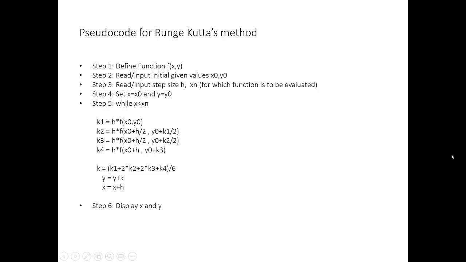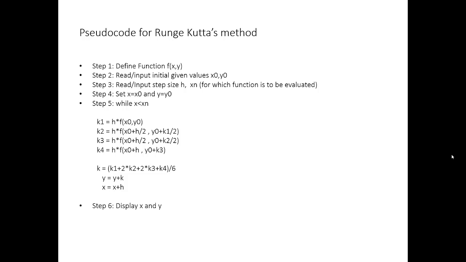with the help of the formulas that we have discussed in the previous slides. So k1 is equal to h times f(x0, y0), where h is the step size and x0 and y0 are the initial boundary conditions. For example, if there is no step size given in our program or it is not known, we can also calculate the step size as h equal to (xn minus x0) upon n.